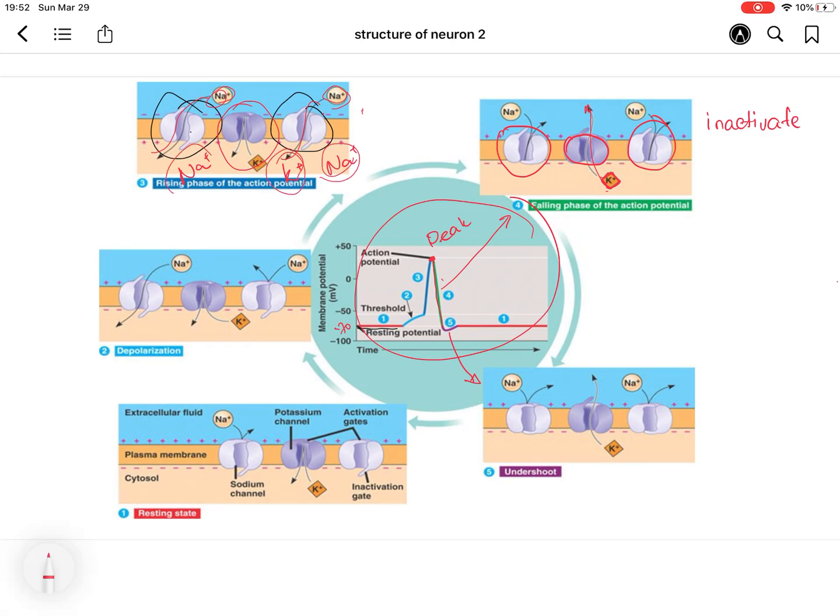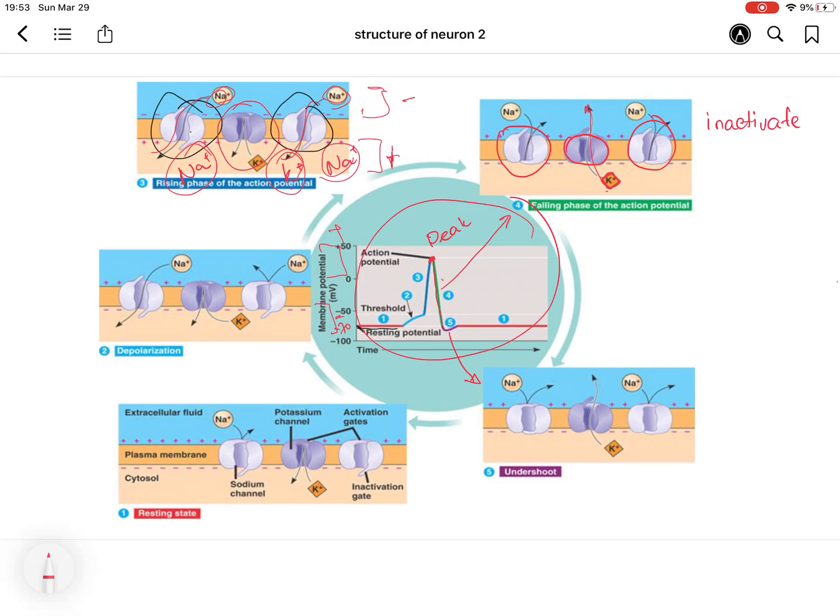It means that inside the cell we have more positively charged ions. So the inside of the cell is plus and the outside is minus. Here we have a plus, here a minus, and they change. This change is the action potential. And through these changes, the impulse goes through the axon.